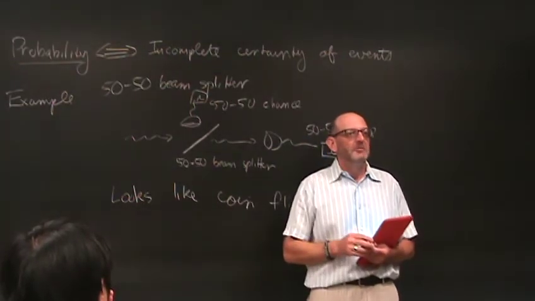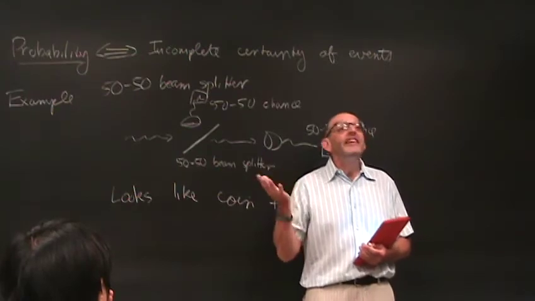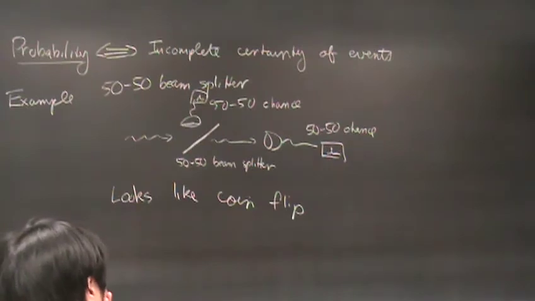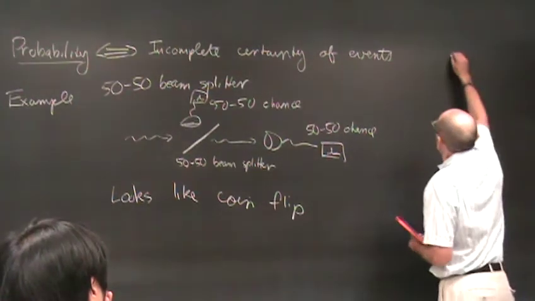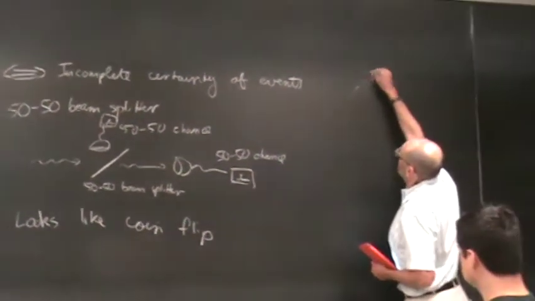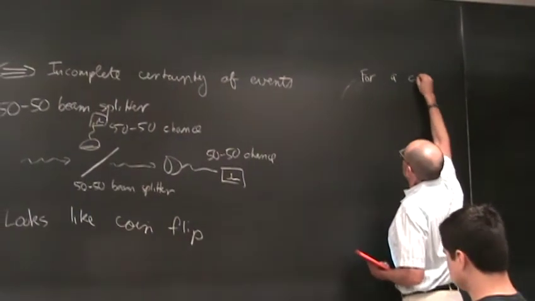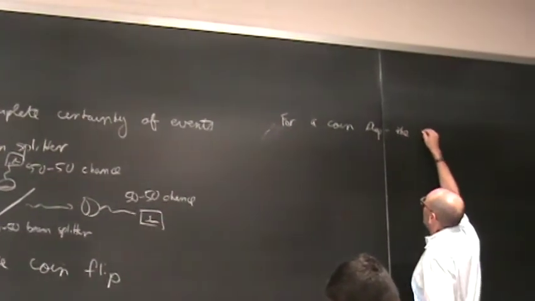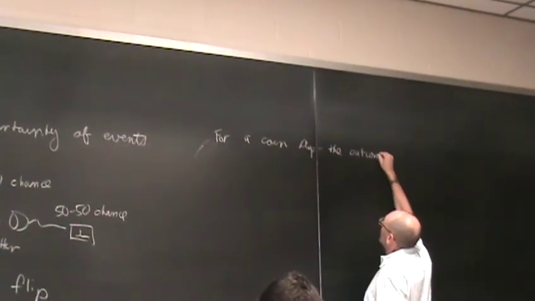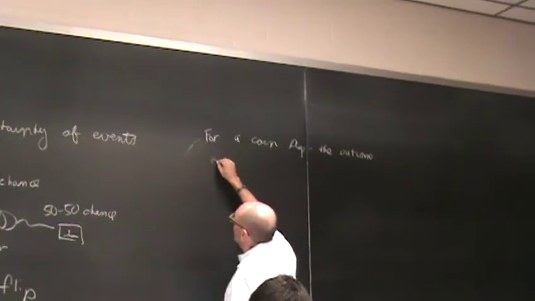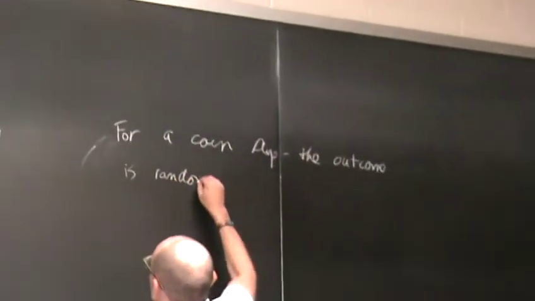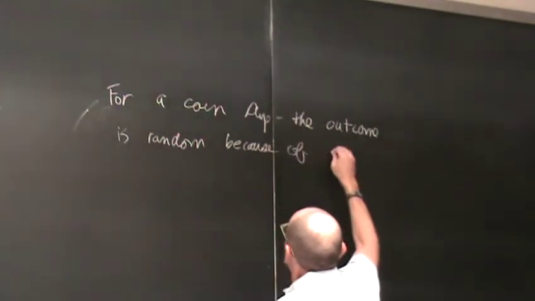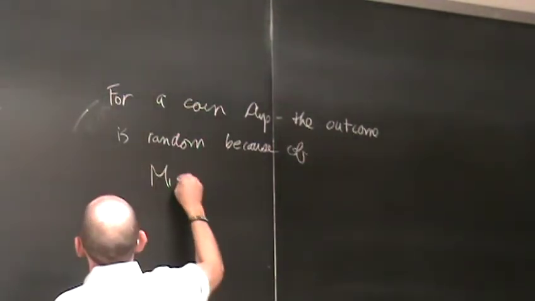Initial conditions, you don't know those? Right, there's missing information about the coin. The reason for a coin flip outcome being random is, and this is an important point, missing information.